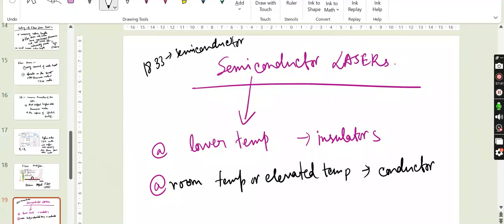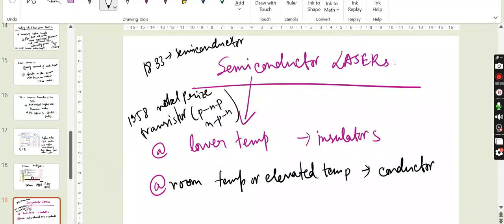The transistor, a variant of a PN junction, brought a revolution in electronics and fetched the 1958 Nobel Prize. For a transistor, it is a PNP or NPN configuration. That is why it's called a variant of the PN junction.